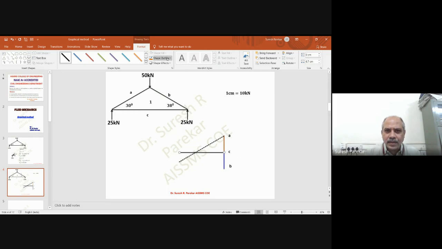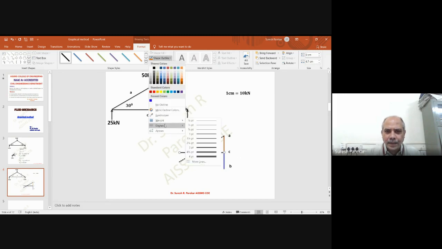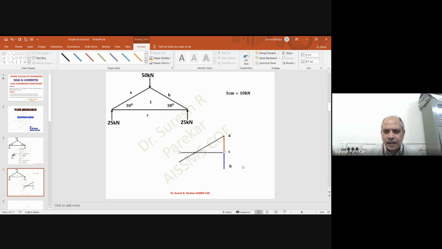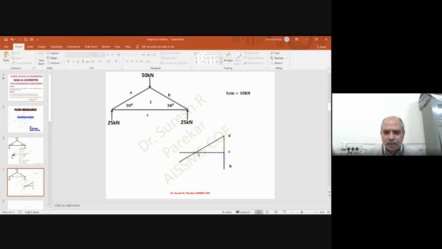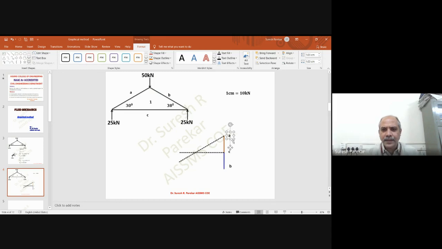And then we have this as a dotted line. And this point is 1, so we are going to mention this as 1.